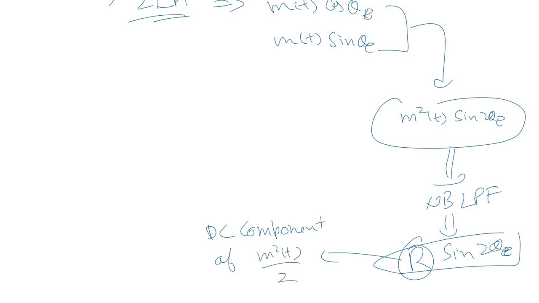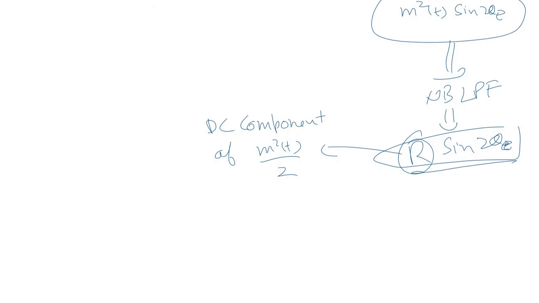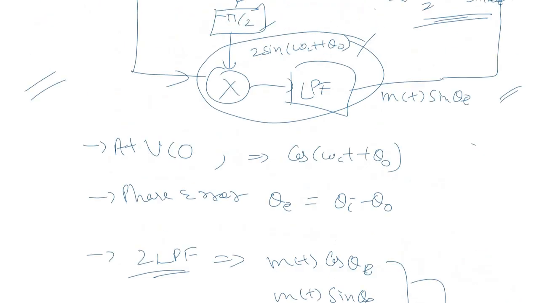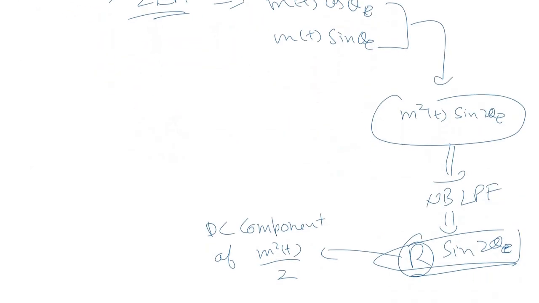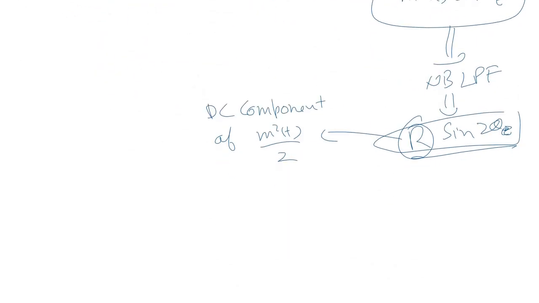So this signal R into sine 2 theta E is further applied to the input of the VCO. You can clearly see this output from the low pass filter is applied to the input of the VCO with free running frequency omega c, right?